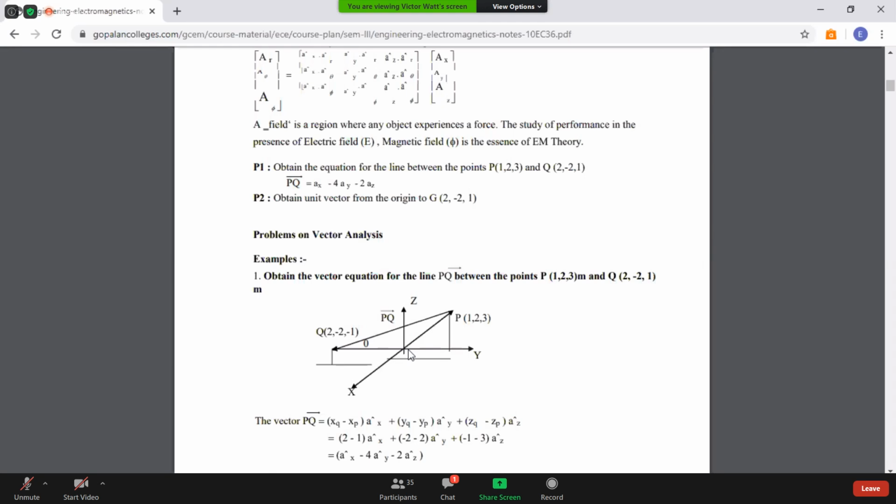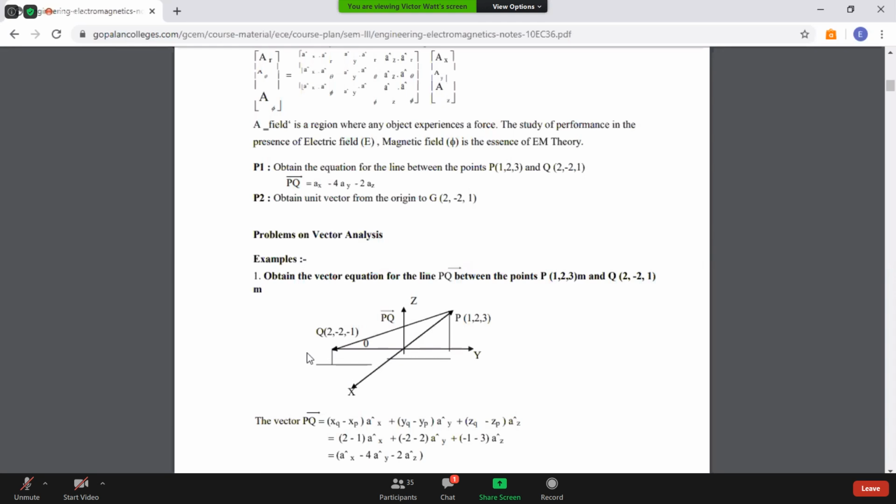And Q: x equal 2, y equal -2, and z equal 1. -1, sir.